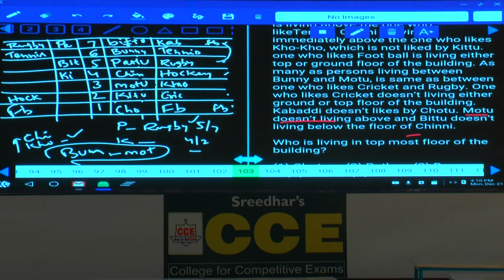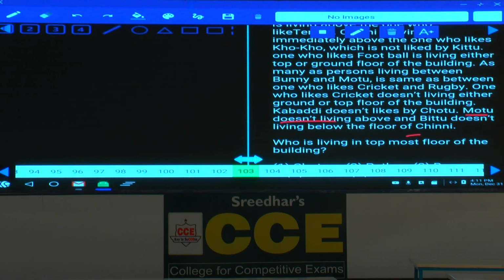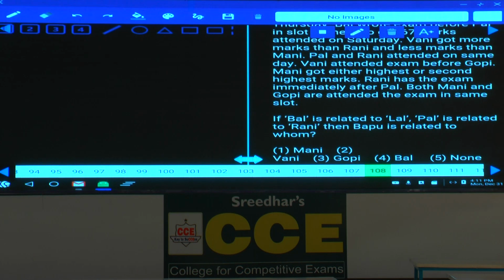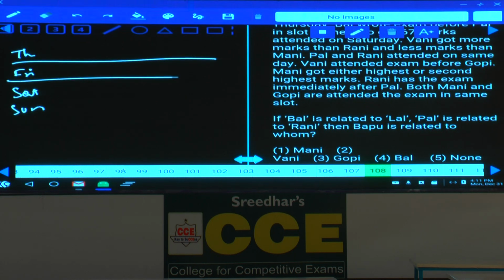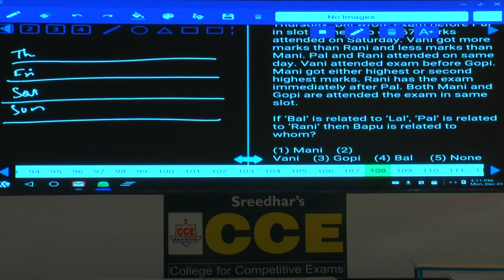Now in this, how many persons are there? 8 students, Gopi, Babu, Lal, Bal, Paul, Vani and so on, attended the RBI exam on Thursday, Friday, Saturday and Sunday. How many days are there? There are 4 days. Now how many persons are there? There are 8 persons and 2 persons on each of these days. Thursday, Friday, Saturday and Sunday. In total, 8 persons are there.